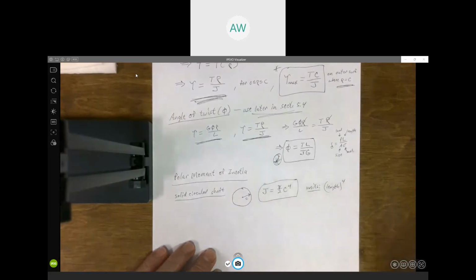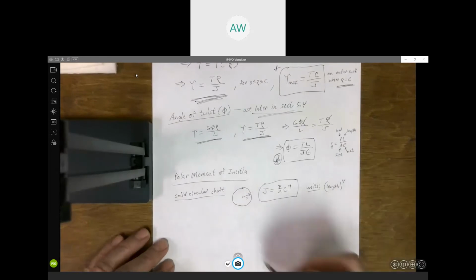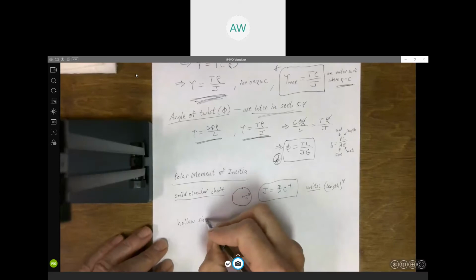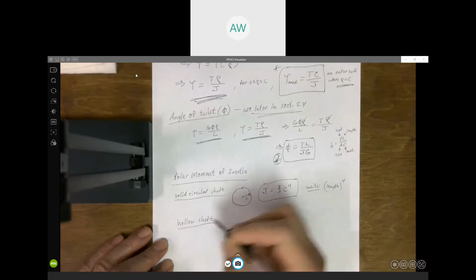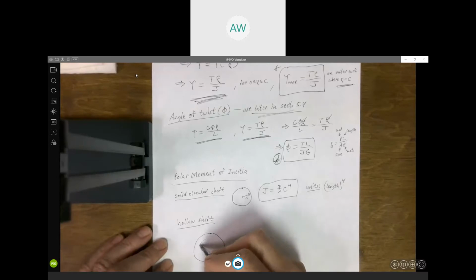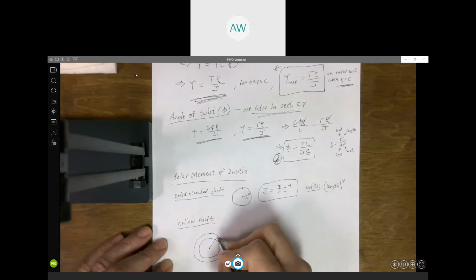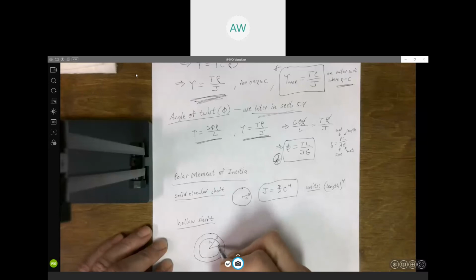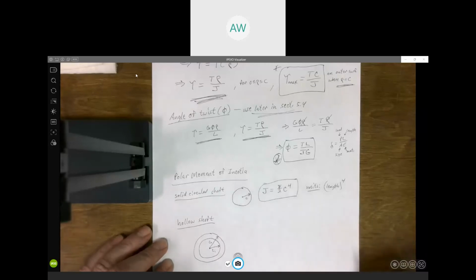All right. Now, as I mentioned a minute ago, a lot of these we'll encounter will be hollow shafts. So if you've got a cross section that's hollow and has an outer radius, I'll call C_O for outer, and inner radius, C_I for inner.